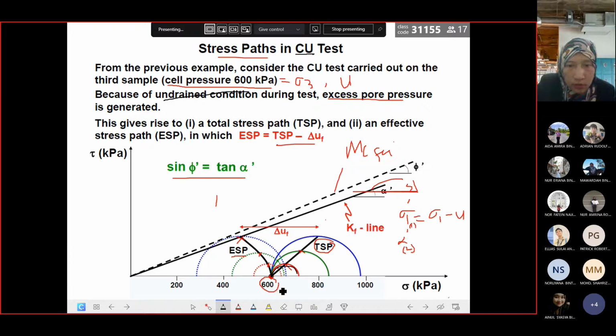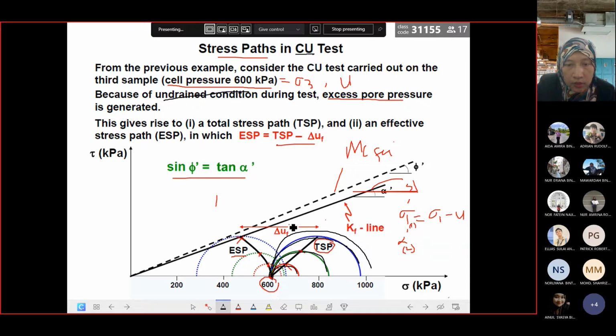Kemudian 600 ni kita remain constant dalam initial conditions, and then bila stage number 2 iaitu shearing, you keep increasing the value of the deviator stress ataupun excess stress sehinggalah satu tahap tu all the excess water pressure tu you boleh count the numbers dia, berapa nilai dia.